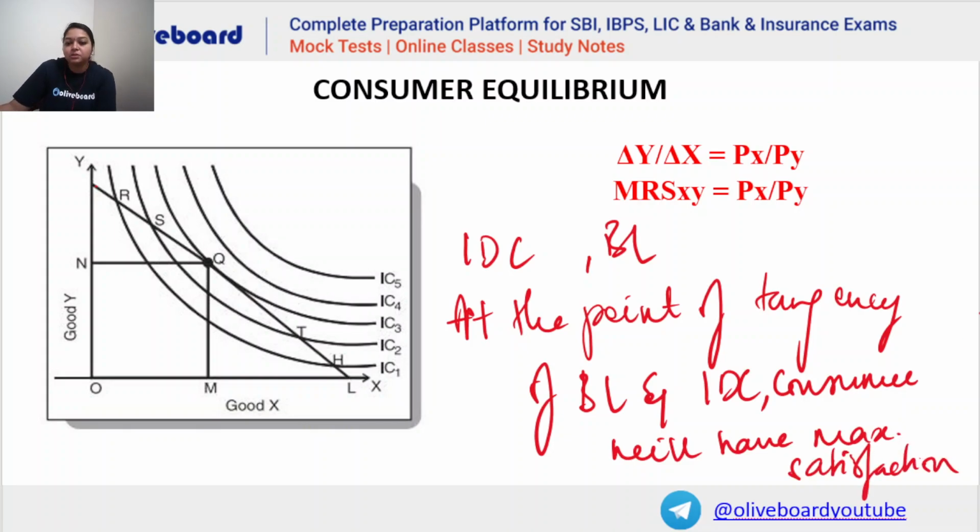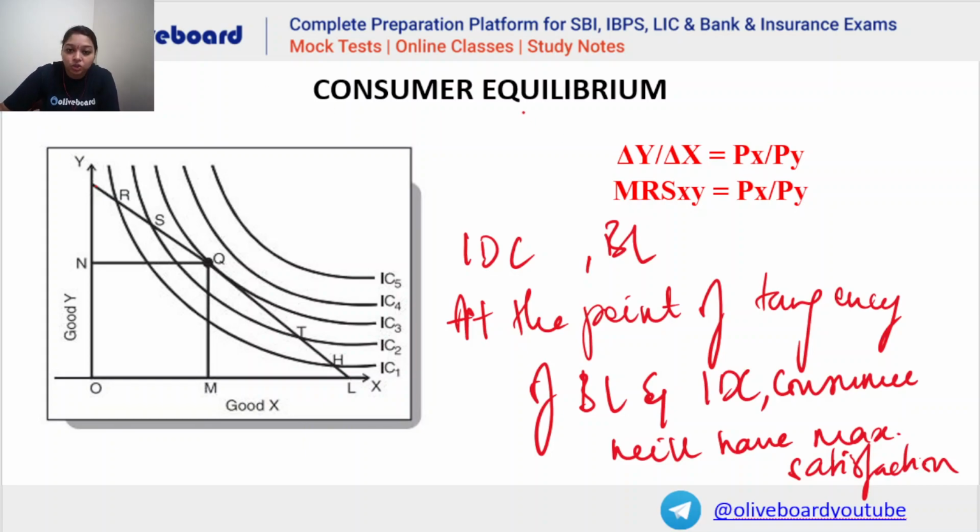And because he has maximum satisfaction, he cannot get this much satisfaction in any other combination. So we say he is in equilibrium. At the point where the budget line is tangent to the indifference curve, we say the consumer is at equilibrium because he is getting maximum satisfaction.